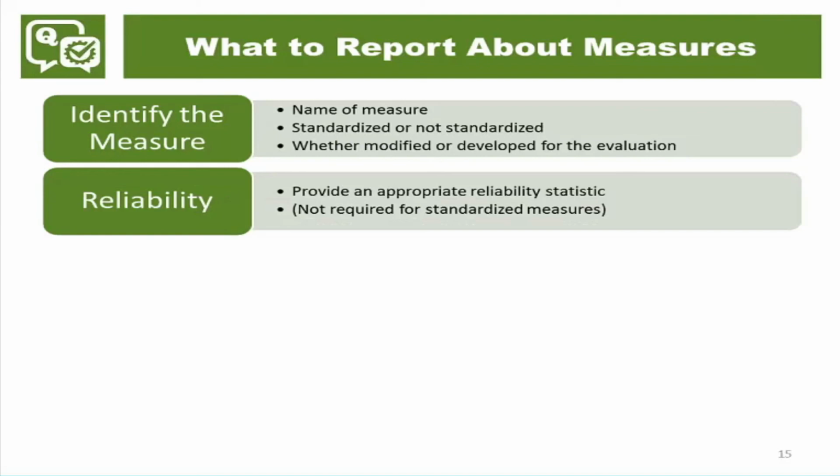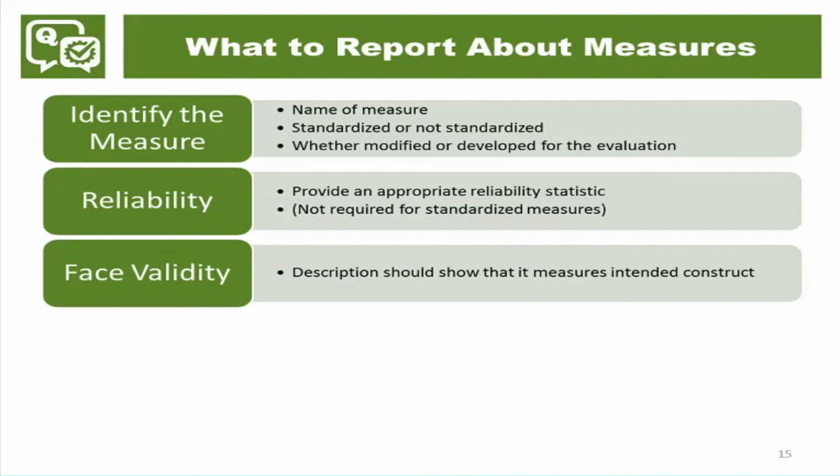The data on reliability that you report can come from your own study. You can calculate reliability using your own study sample, or it can come from reliability reported in prior research studies. For face validity, you should provide information about the content of the measure that you're using in order to show that it is measuring the intended construct.